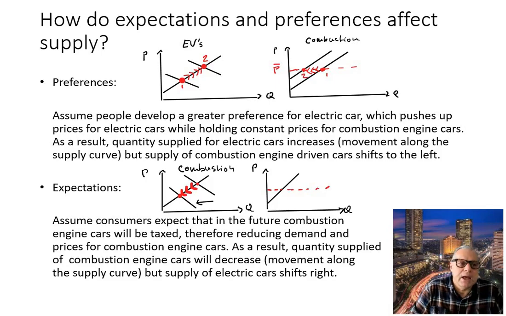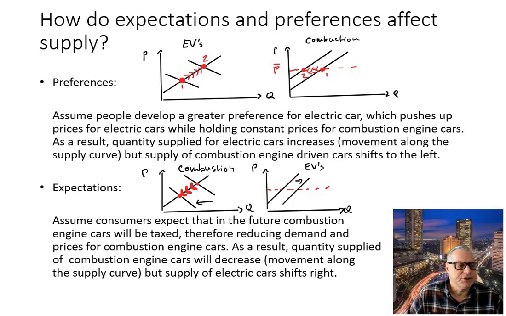But now, because the company uses up less of its workers and machines to build combustion engine cars, it will increase the supply of EVs, which is a right shift. Okay, so that's going to happen.